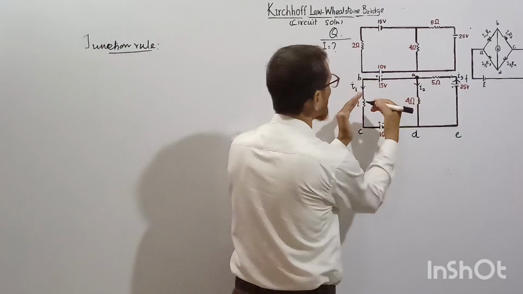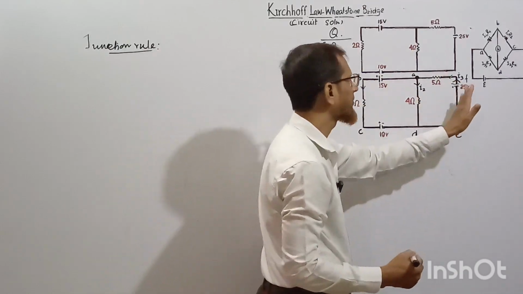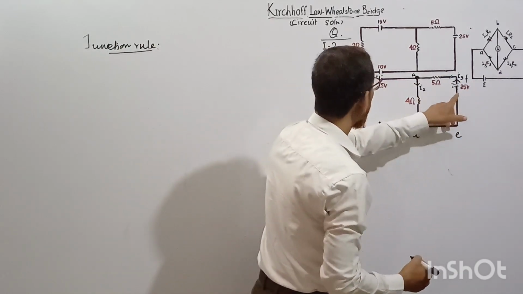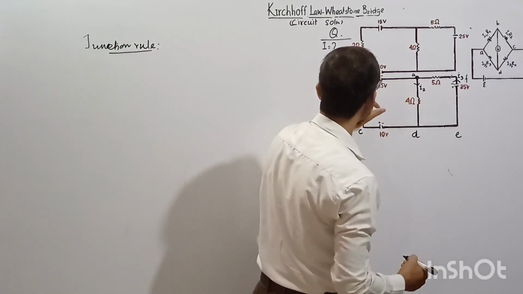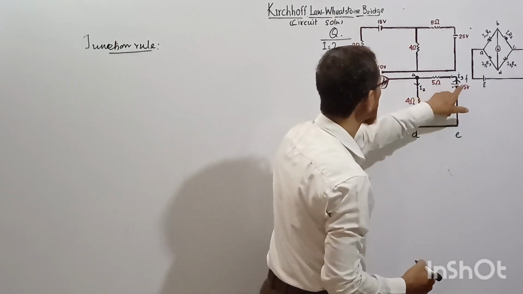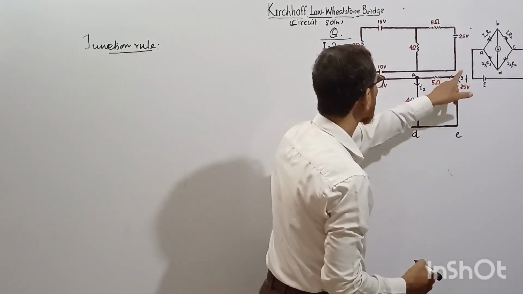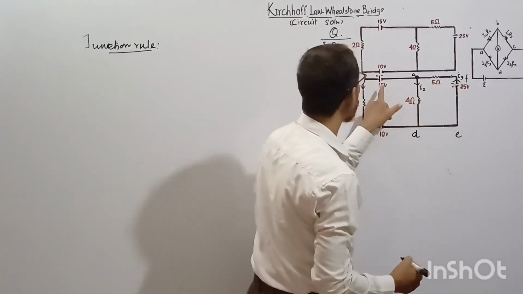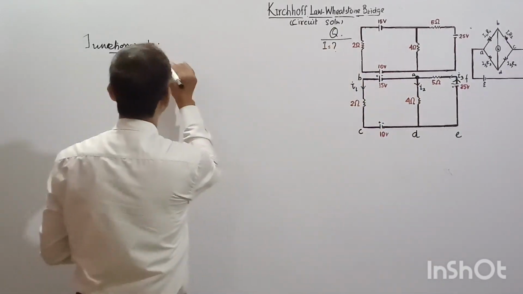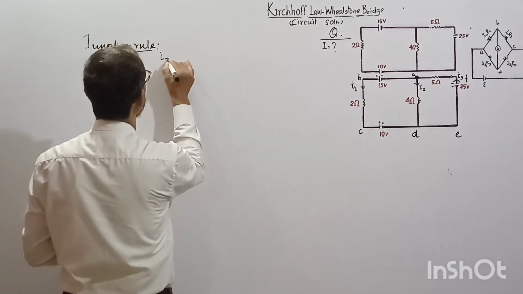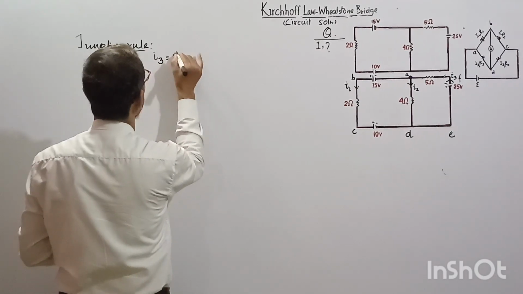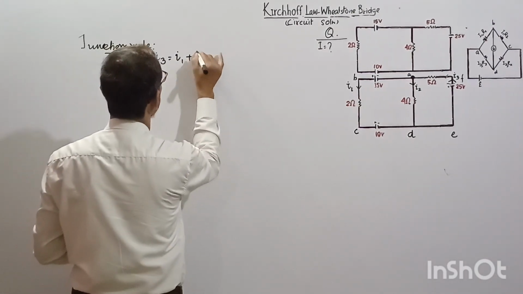These two currents will be the same as the sum of the outside circuit, as these are in the same direction. If you assume minus and minus, this will be plus. Am I right? Opposite direction. So I3 is equal to I1 plus I2. This is the first rule. I3 is equal to I1 plus I2.